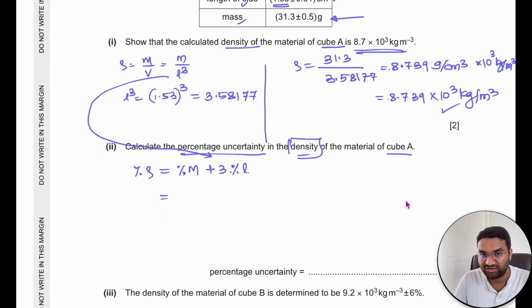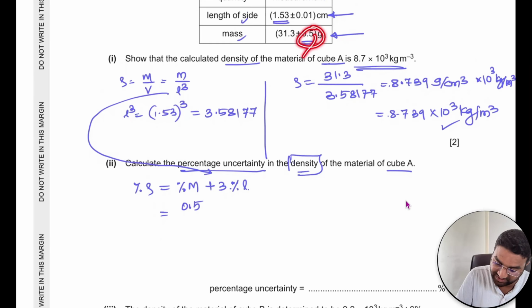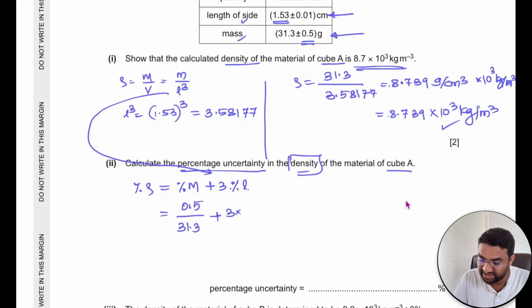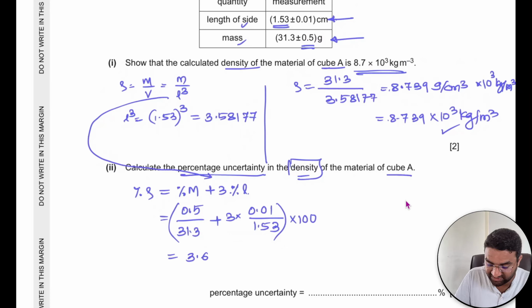Now we have the percentage of mass to calculate, which is 0.5 from this value here, divided by 31.3, plus 3 times the length uncertainty, 0.01 divided by 1.53. That's it. And this whole bracket is multiplied by 100 because we have to calculate percentage uncertainty. If you calculate this one, we'll get 3.6 percent. This is the percentage uncertainty.